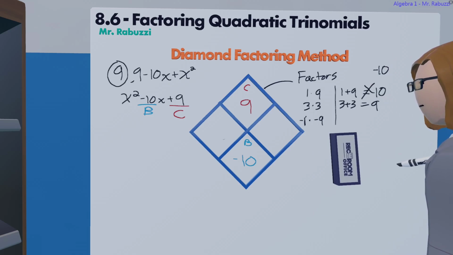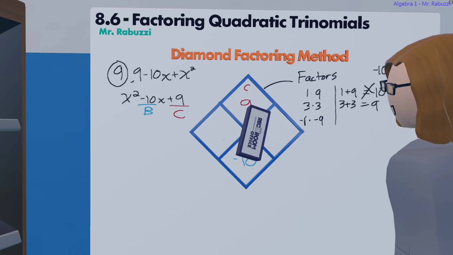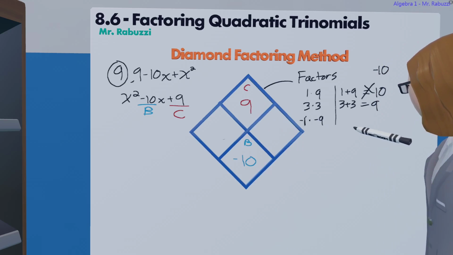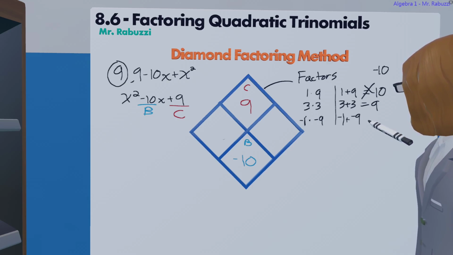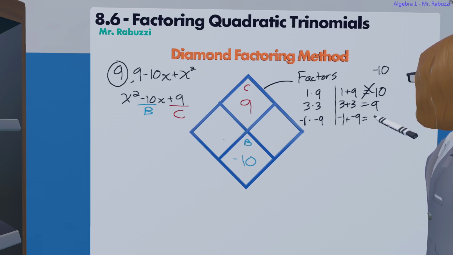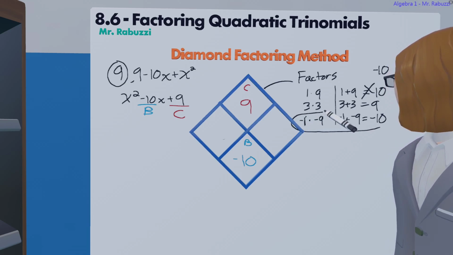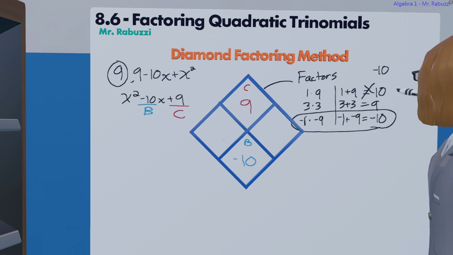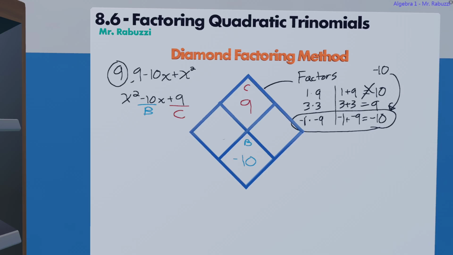Okay, 1 times 9 is 9, and 2 negatives multiplying means it's a positive answer. So that's good. Now we add them up. So in my calculator, -1 plus -9 equals -10. Good, we did it. So this one worked because it matched what we were looking for. It matched our B number.